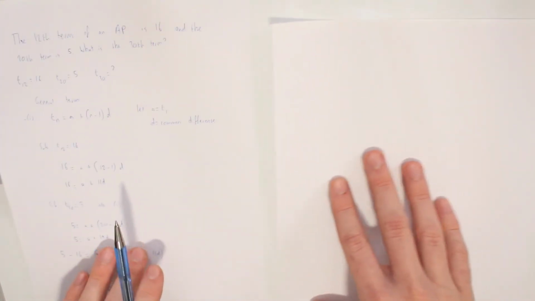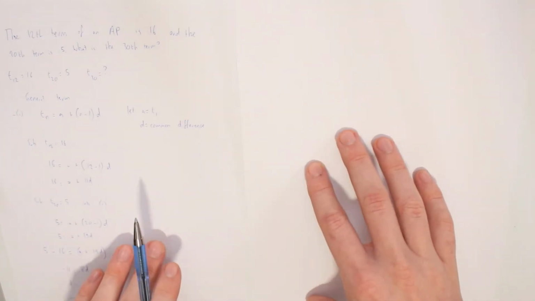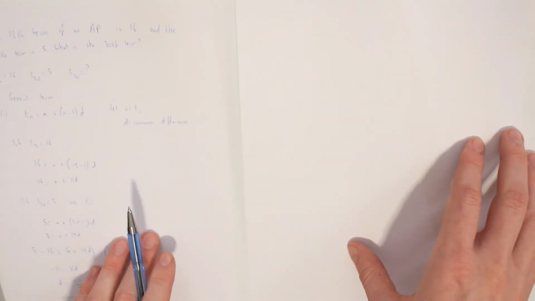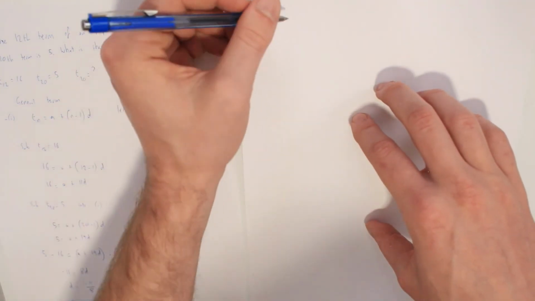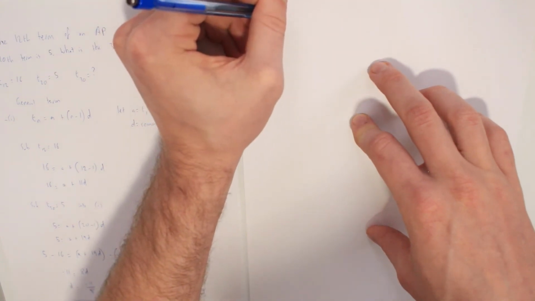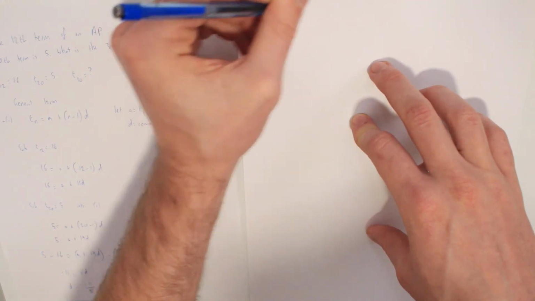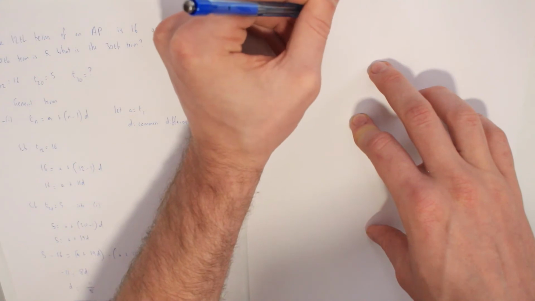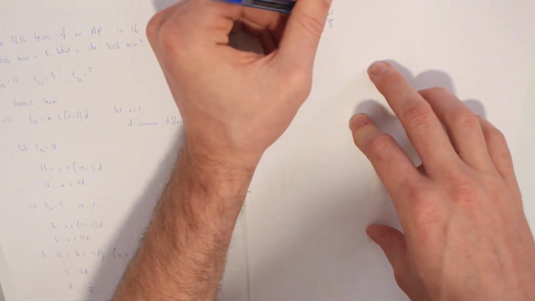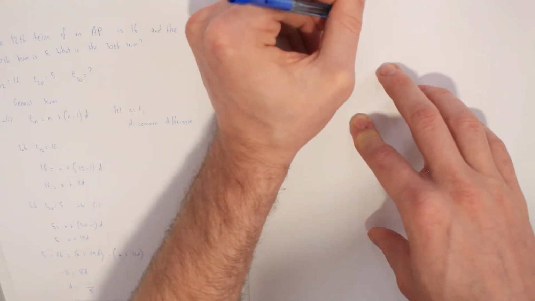Let's get a new page over here. So we know now that d equals negative 11 over 8. Well, we can sub that, go up to here, sub d equals negative 11 over 8 into equation 1.